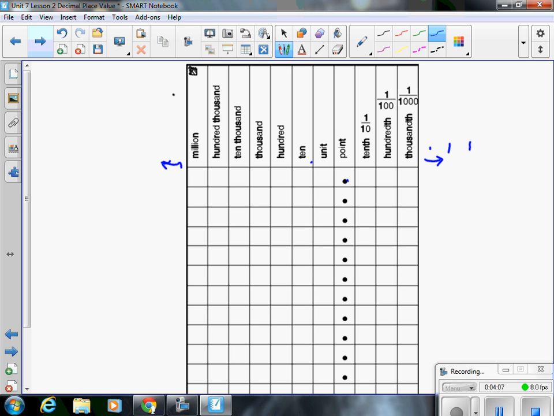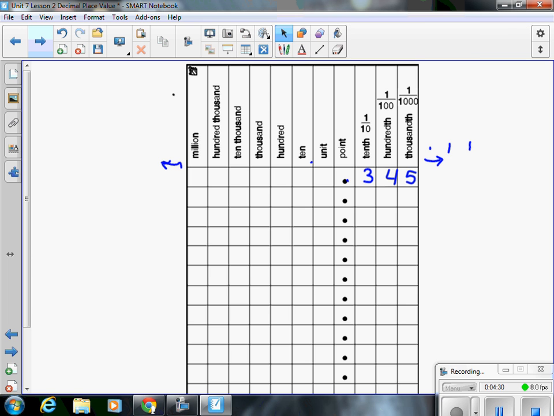So the decimal place value chart can really help you with how to say decimals. And I talked about that a little bit in our last lesson. So if I had a decimal like this, how would we say that? Well, we wouldn't say 0.345.